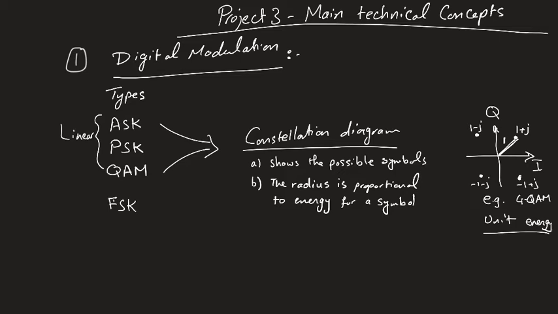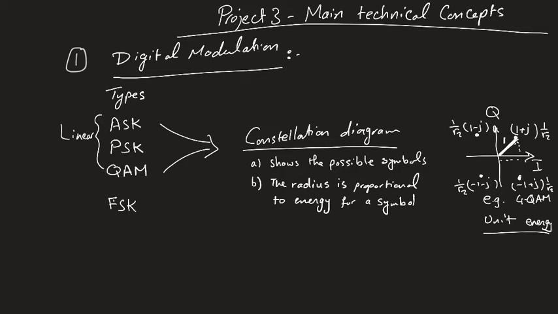So for the unit case, all these are going to be multiplied by 1 over root 2. Same here, 1 over root 2. Same here, 1 over root 2. Same here, 1 over root 2. So when you calculate the length, that length becomes equal to 1, right? So this is going to be 1 over root 2, and this is going to be 1 over root 2. This is for a unit energy.